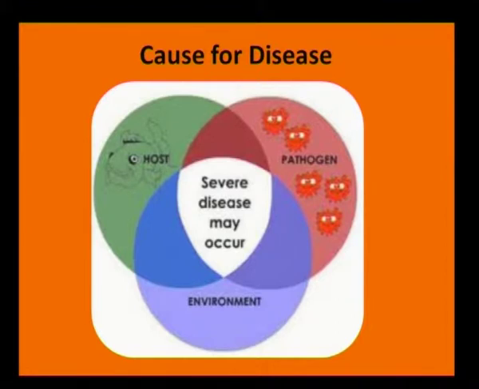From this picture, you can understand this. The environment should be in a proper condition and the host should be in a proper condition to survive. Then the disease causing pathogen will not enter into the host body and the environment will be kept in a hygienic way.